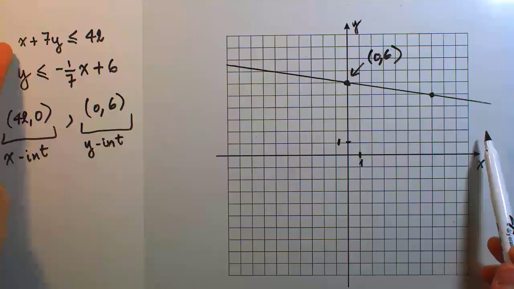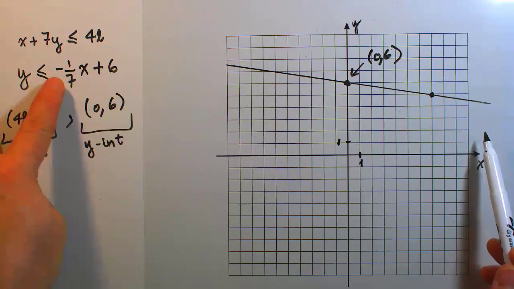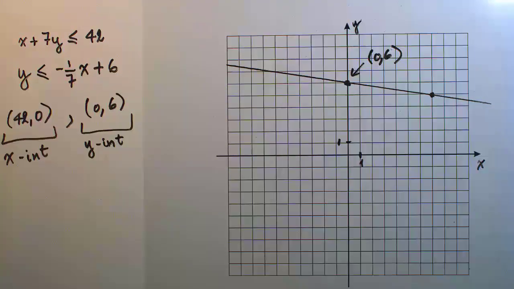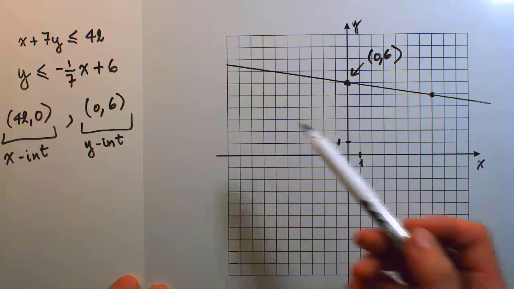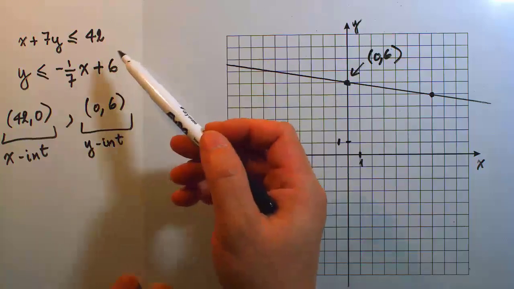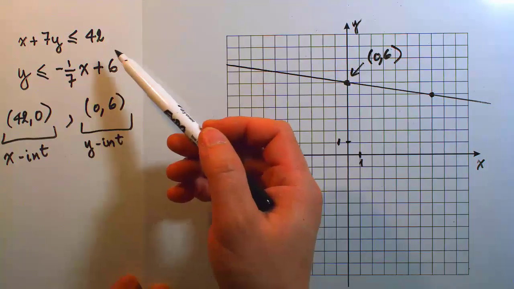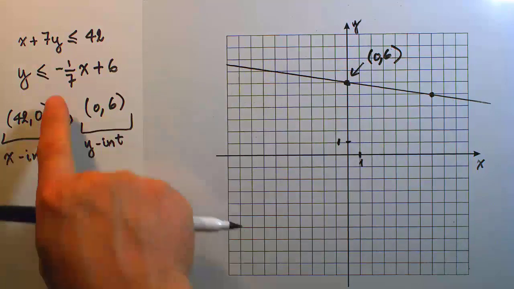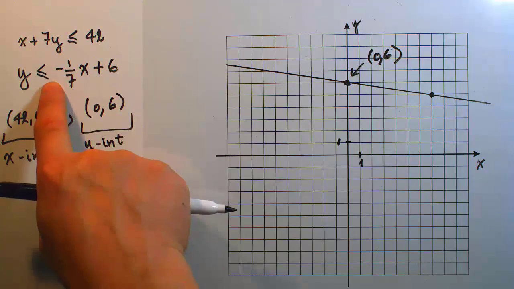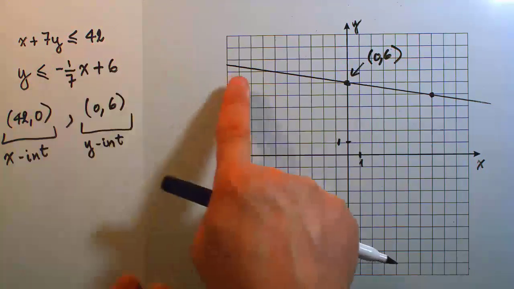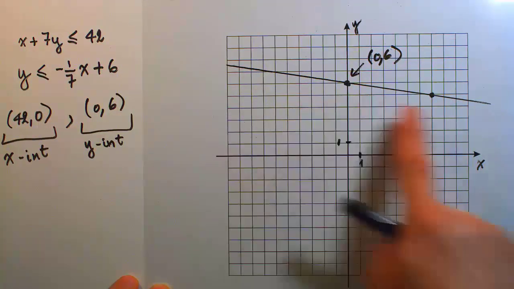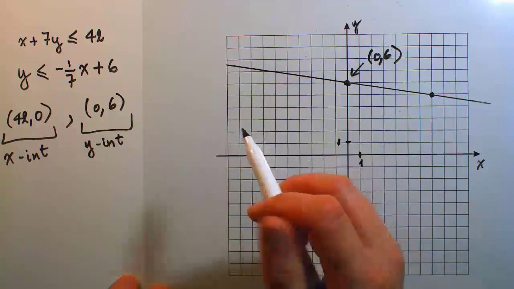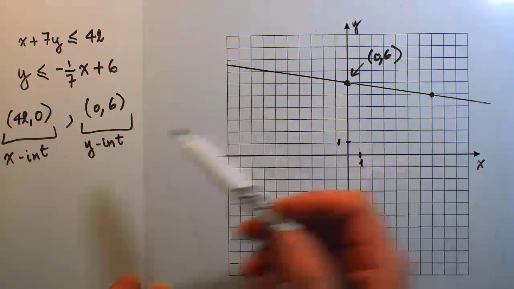Either you can read x plus 7y equals 42, or y equals negative 1/7 x plus 6. But now remind yourself that what we're looking for is the solution of this inequality. Notice the inequality sign comes with the equal sign, which is why I graphed my line as a solid line. Now we are going to indicate the region that satisfies this inequality.